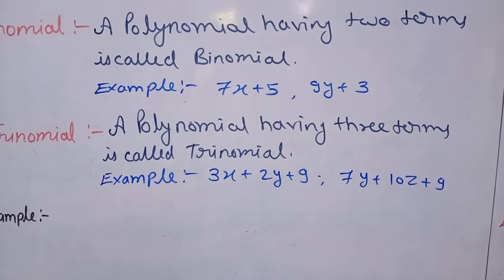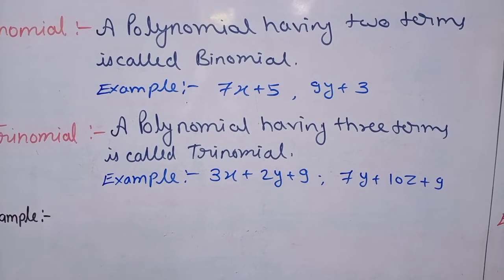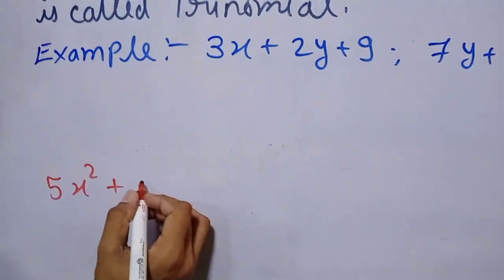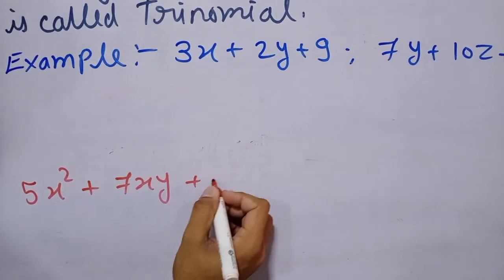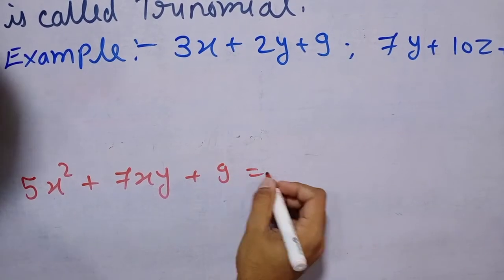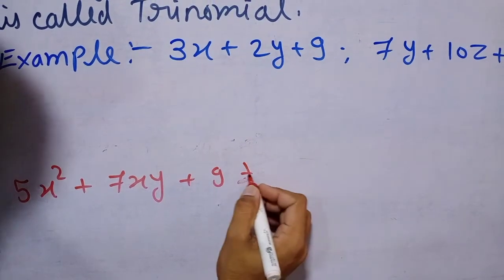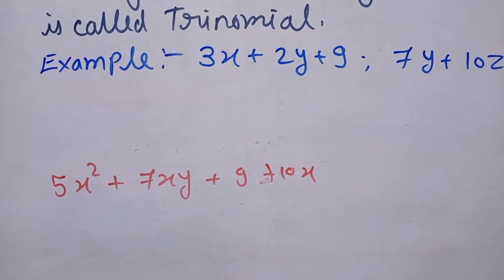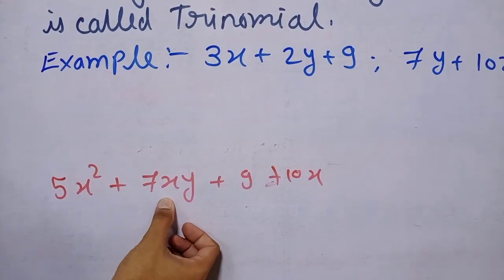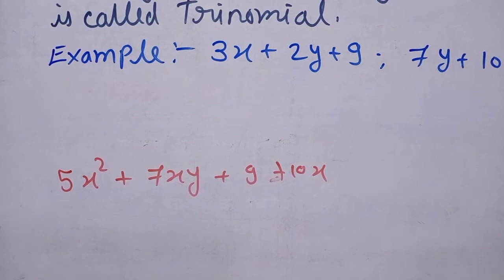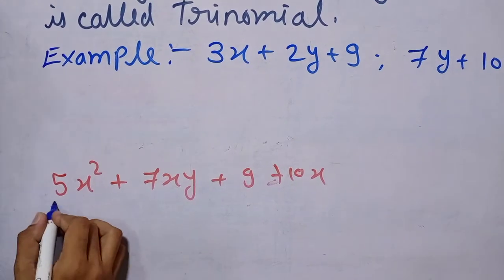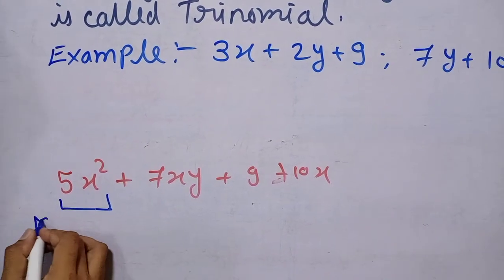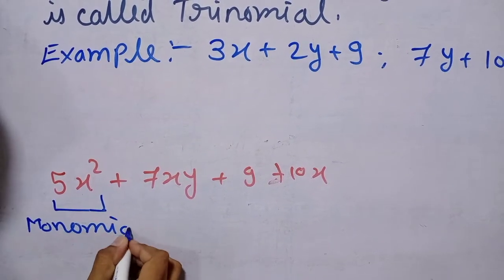Now altogether the example of this is, let's see, 5x square plus 7xy plus 9 plus 10x. This way we have an example, 5x square, 7xy, plus 9, plus 10x. So whenever we have only one term, that is monomial.